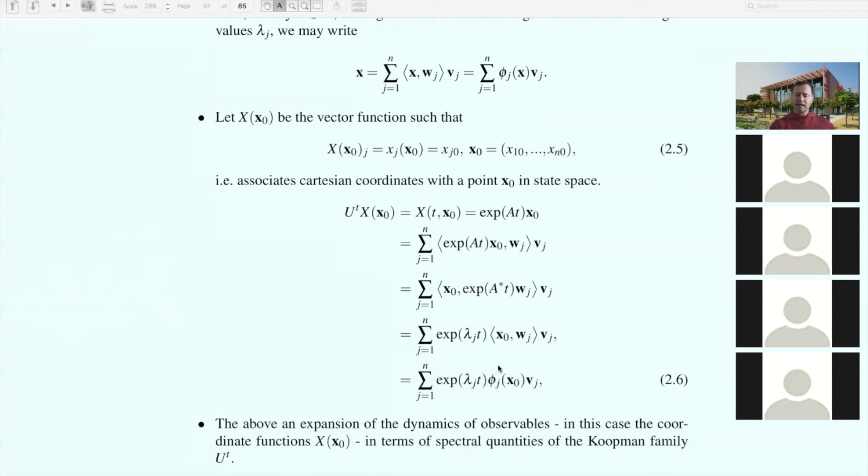But that turns out to be an eigenfunction of the associated Koopman operator. And that's perhaps a little bit of a surprise. There is something in that linear expansion that is actually directly associated with the Koopman operator as a function of points in the Euclidean space. And then w_j are the eigenvectors.